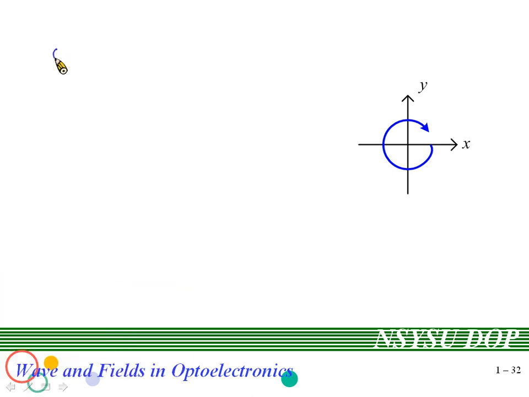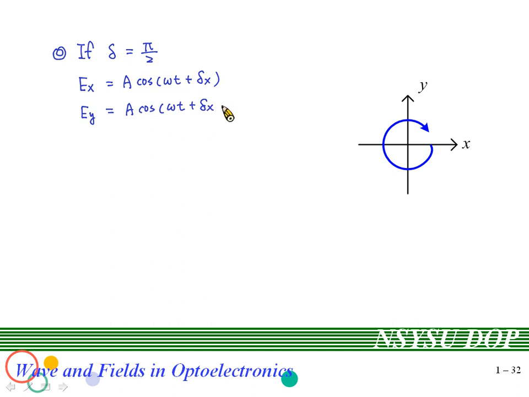For the other condition, if the relative phase delta is positive half pi, then the x component of the E field is A times cosine of omega t plus delta sub x, and the y component of the E field is A times cosine of omega t plus delta sub x plus half pi.